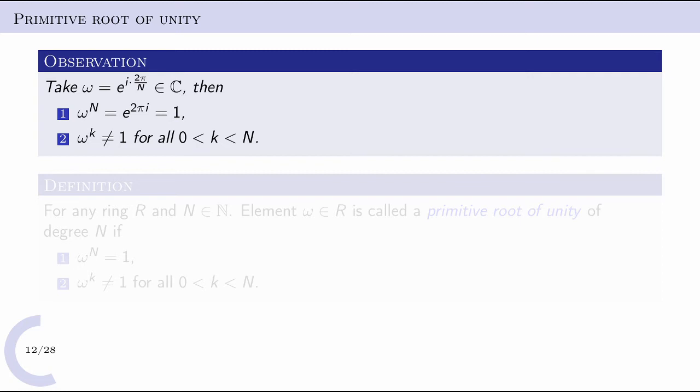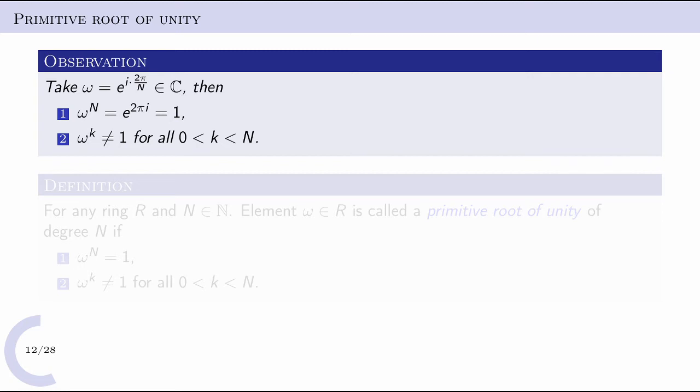We need to multiply it by itself n times to finish this circle, to get back to 1. So this omega is a number such that the nth power of omega is 1, but any other positive powers strictly less than n are not 1, they are distinct from 1.